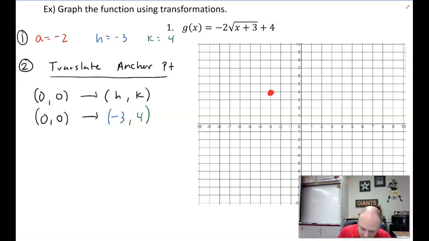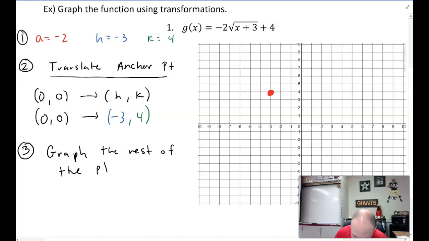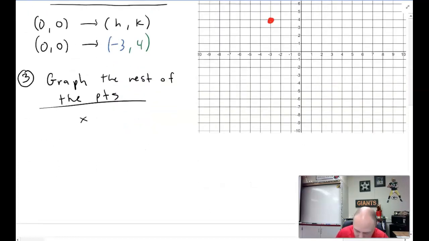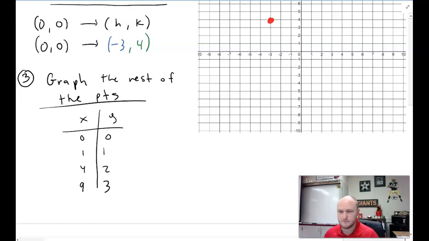Okay, step 3, you're going to graph the rest of the points. And what helps people out is if they make a little chart here. So I'll say X, and then I'll say Y, and I'm going to list those points. 0, 0, 1, 1, 4, 2, 9, 3.